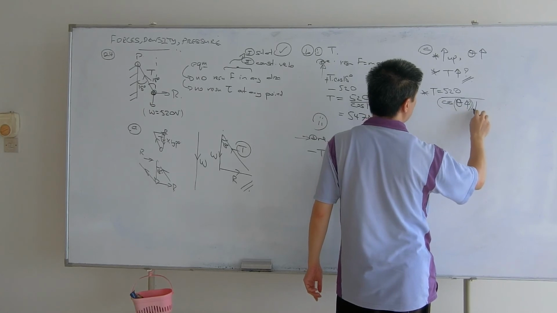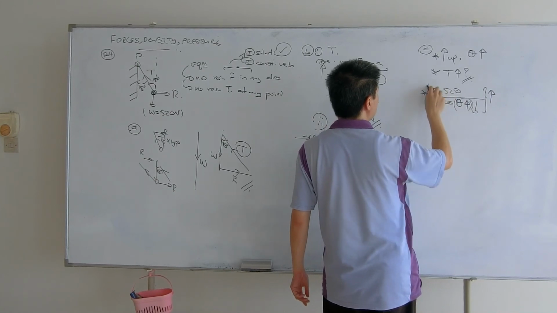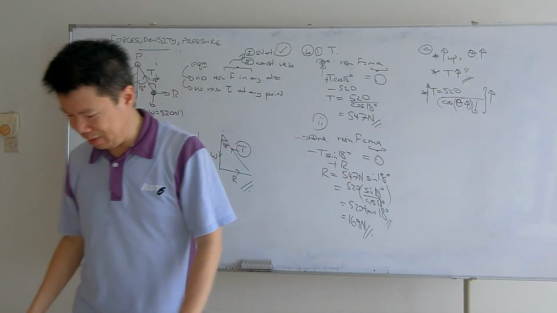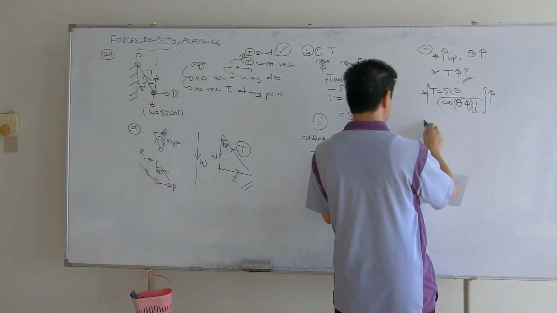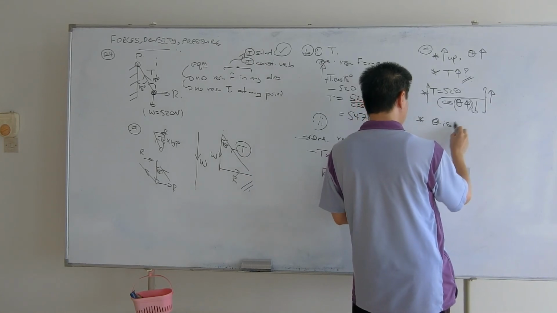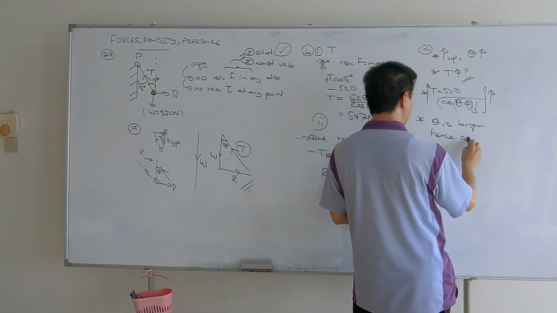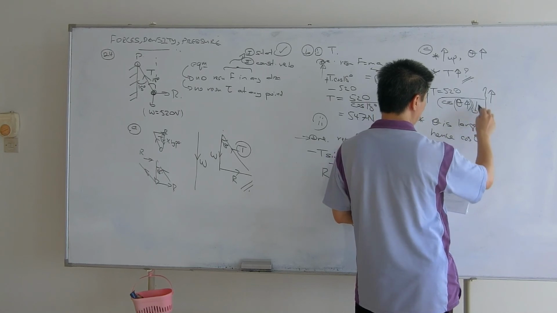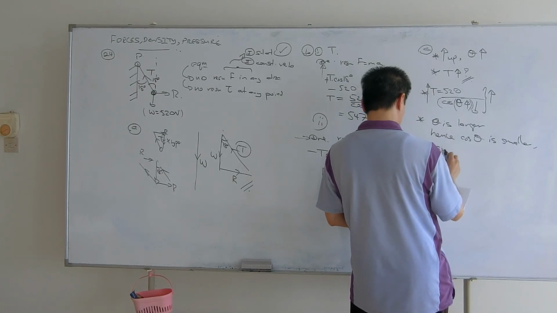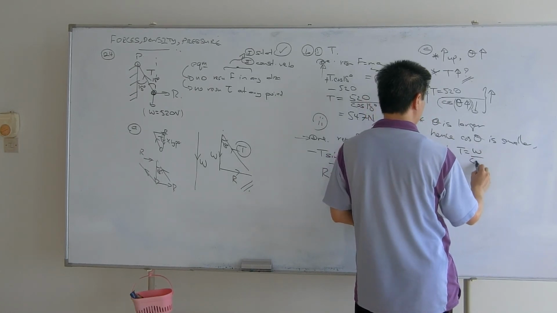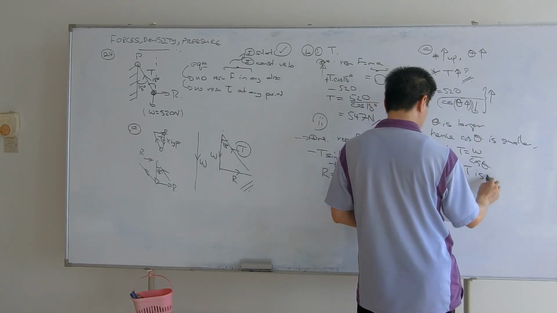Overall, your cos actually decreases, and therefore overall, on your right increases, so on your left increases. Therefore, our explanation is this. As theta increases, hence cos theta is smaller. Using T is equal to W over cos theta, which is this guy here, hence T is larger.